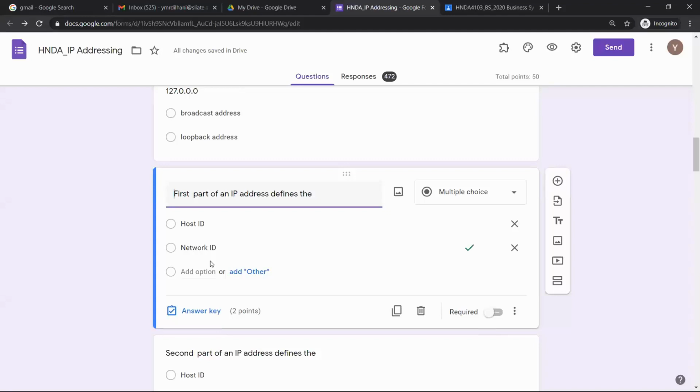There are many different types of networks, because we know the internet means network of networks. So one particular machine should be able to correctly identify that particular network as well as that particular device, right? So usually an IP address is divided into two sections.